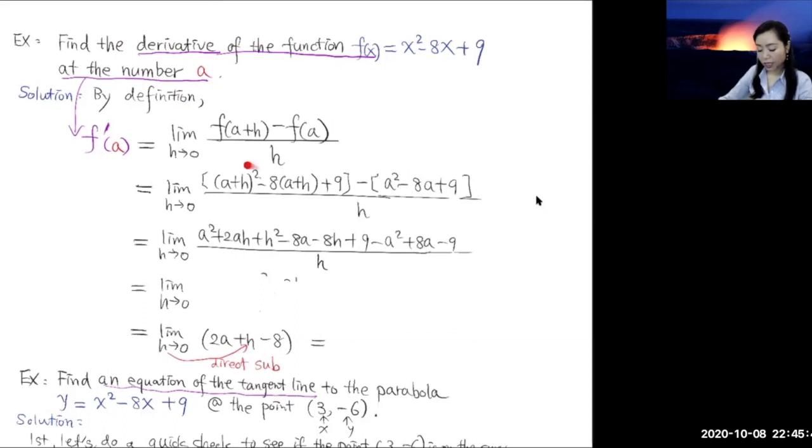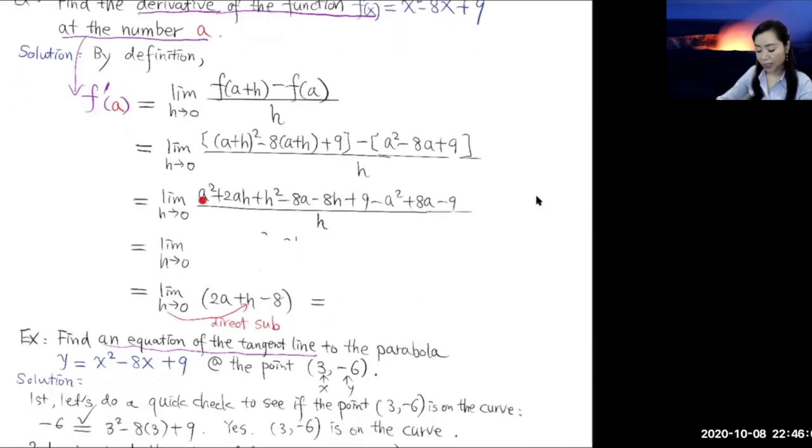We can expand this perfect square here. Then you see that a squared minus a squared is going to cancel out, leaving you with 2ah plus h squared. This also cancels, this cancels, and then we have minus 8h over h over here.